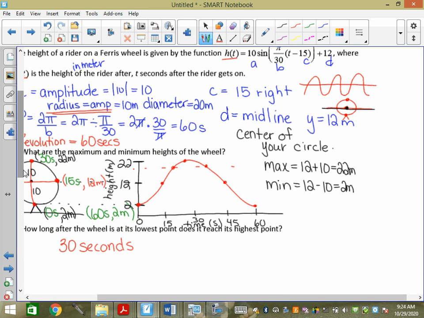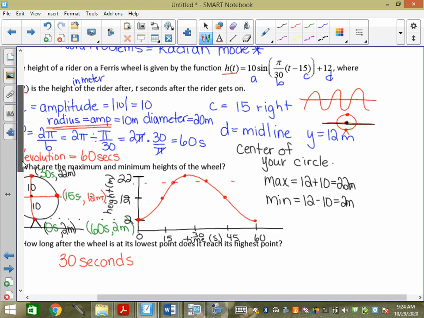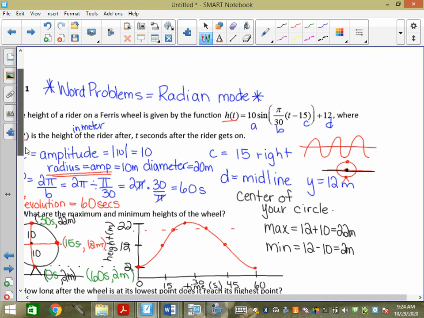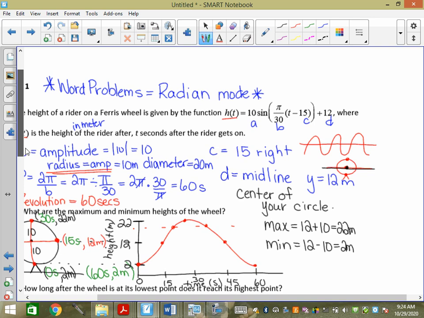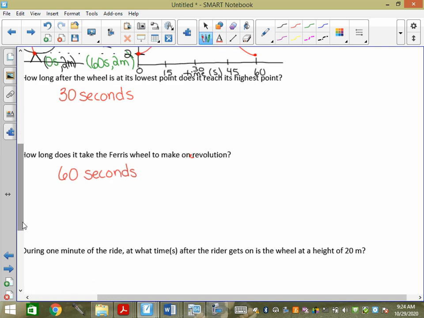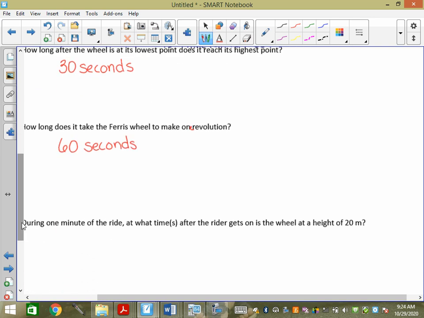We can absolutely use what they gave us though, right? Absolutely. But they didn't pick the easiest one. They picked one that's harder to type in a calculator, didn't they? Okay, so we can use the one they gave us. It should already be in our calculator. Do you have it in your calculator? If not, type it in.